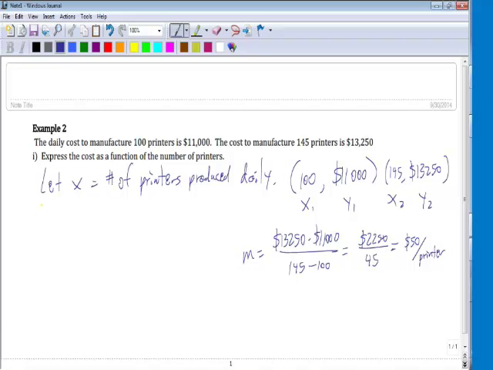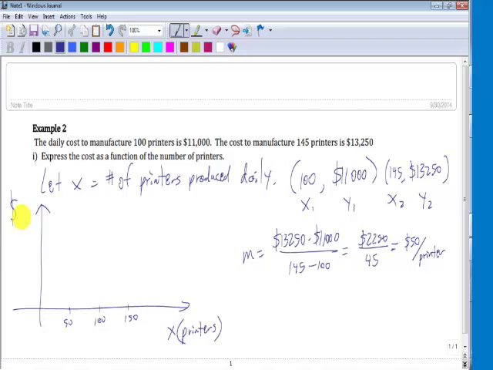If we're thinking about a graph, along the x-axis, we have x, printers. We've got 100 and 145, so maybe 50 printers might be manufactured, or 100 printers, or 150 printers, something like that. On the y-axis, we've got dollars.